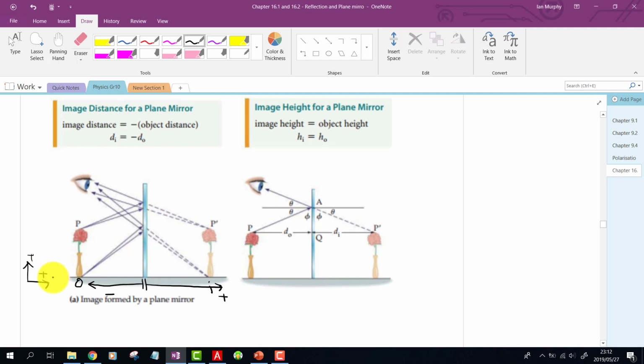Everything to the right is positive. So when we go from the mirror to the left, that's why we have that as a negative. The height is also the same. Height of the image is the same as the height of the object.